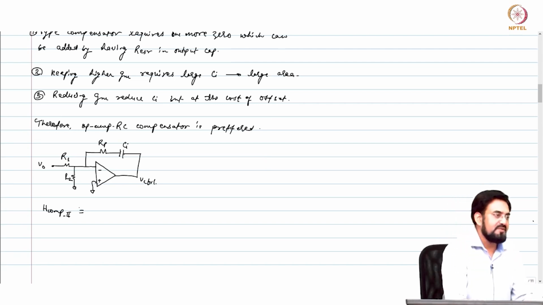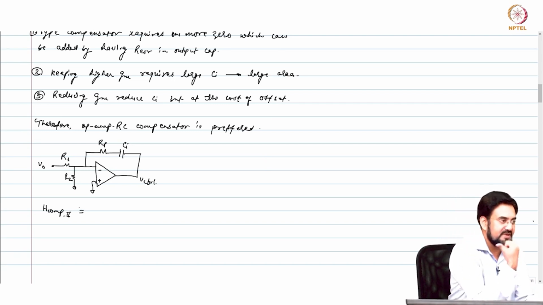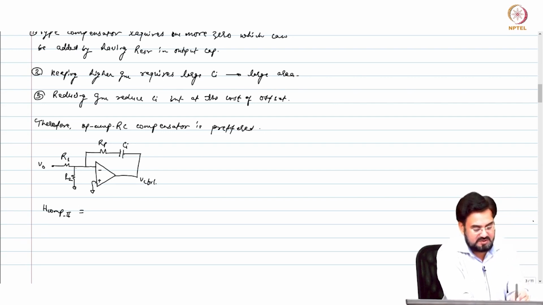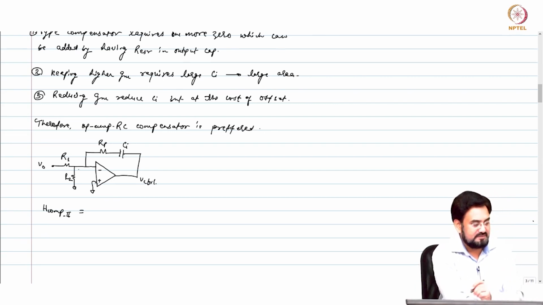So if I want to write the transfer function of this HCOM, beta will not come here. In the GM we have a beta, but here beta will not come because of this virtual ground.